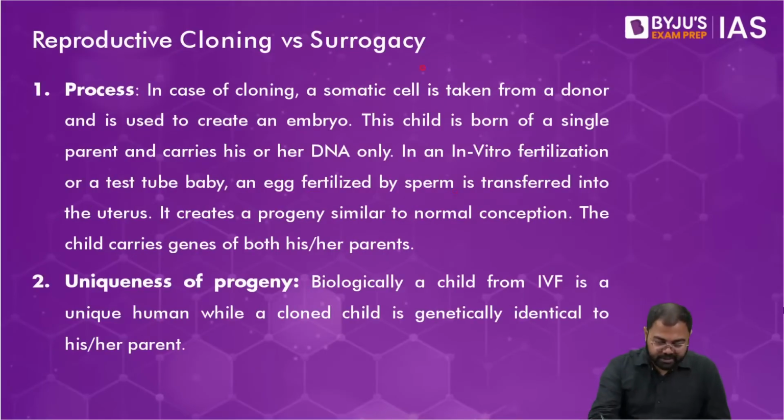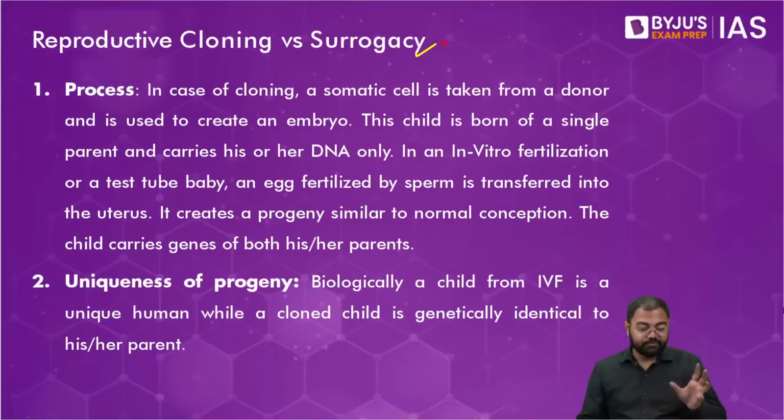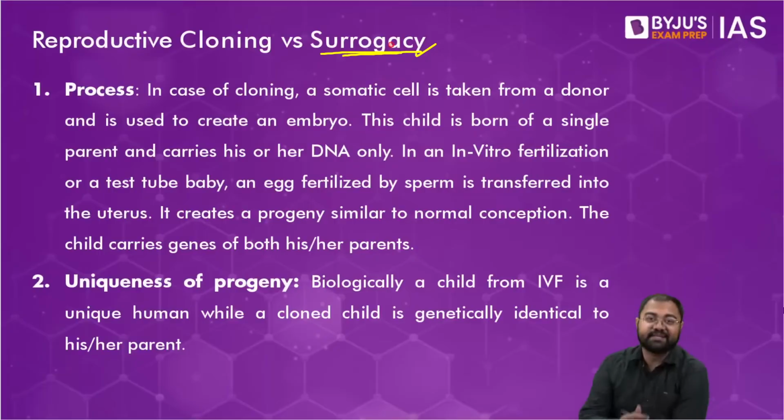Then also, to understand and not to confuse, the difference between reproductive cloning versus surrogacy. Surrogacy is something that you also call a test tube baby and in vitro fertilization. So how is that process different? We know that in the case of reproductive cloning, you are using the cells from one single parent and you are trying to replicate that.